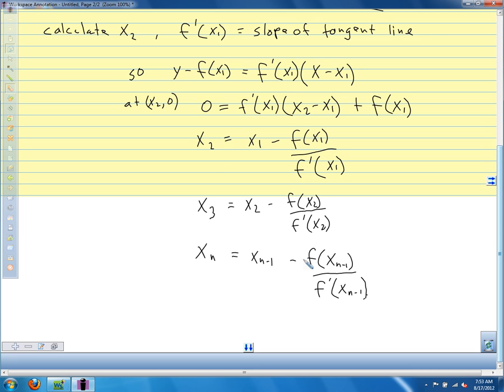Do the process again. How do you know when to stop? It depends on the accuracy that you want. I think in the book, a lot of times the problems say until two successive estimates differ by 0.001 or something like that, and that'll tell you when to stop. Usually it goes very quickly.